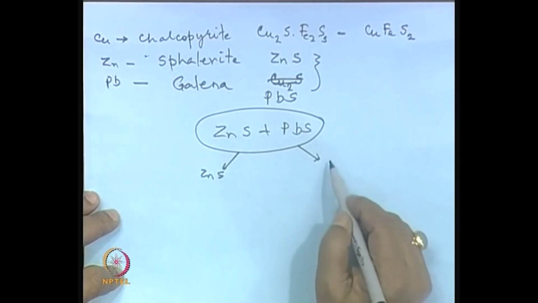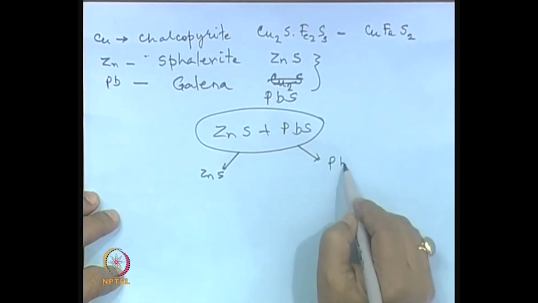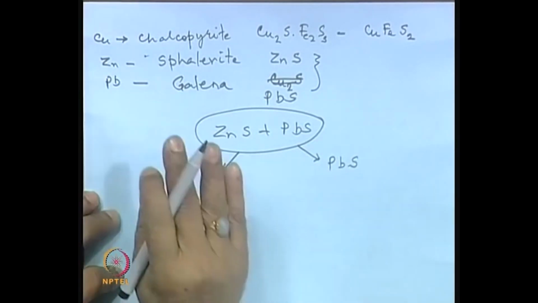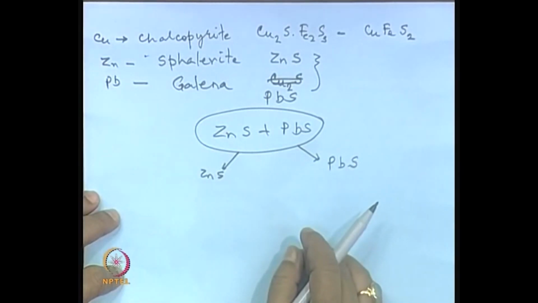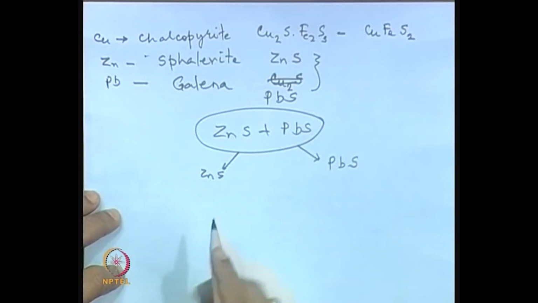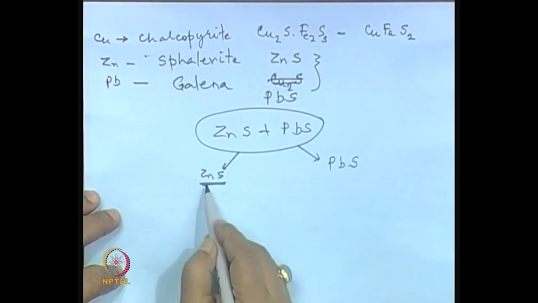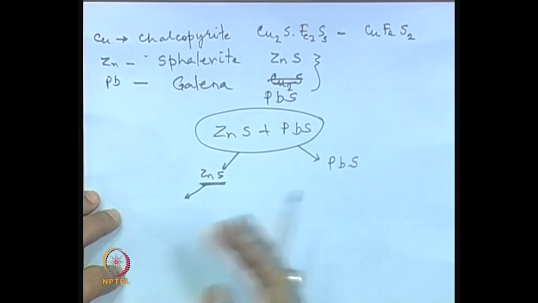This can be separated out also by differential flotation, means a zinc sulfide concentrate and a lead sulfide concentrate. This goes to a zinc plant in Udaipur. It goes through a hydrometallurgical route. Zinc sulfide is first roasted, made into zinc oxide, then it is dissolved in sulfuric acid, and from that acid solution, after proper purification, we electrolyze the solution to get zinc.